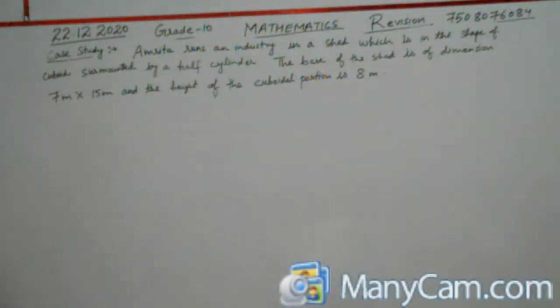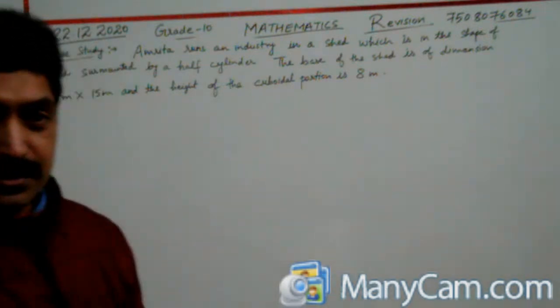I am again writing. Amrita runs an industry in a shed which is in the shape of a cuboid surmounted by a half cylinder. The base of the shed is of the dimension 7 meter by 15 meter, and the height of the cuboidal portion is 8 meter. Now you have to give the answers.